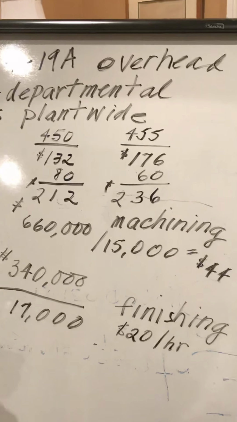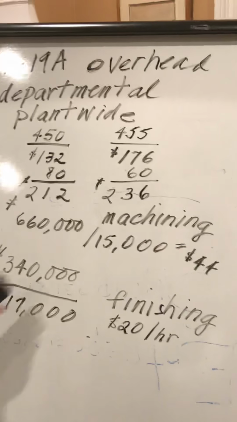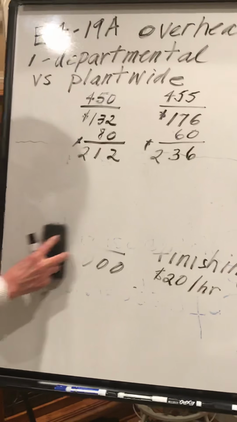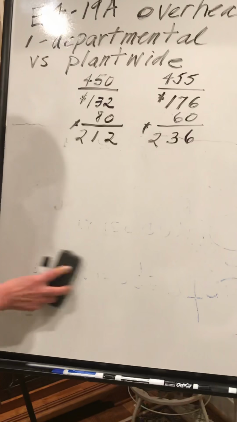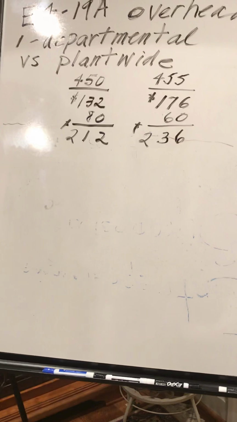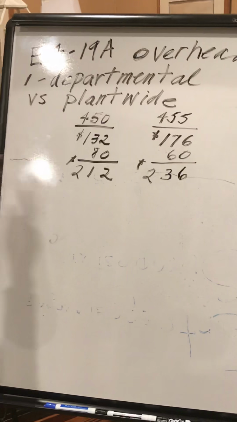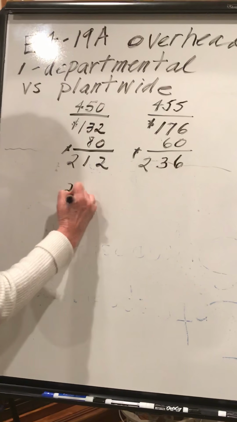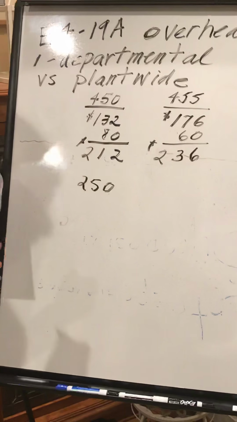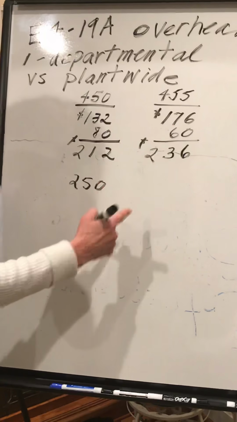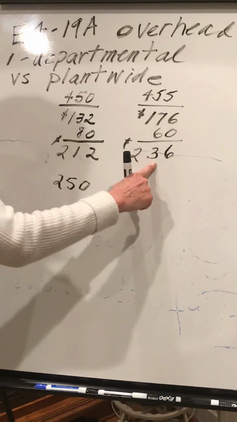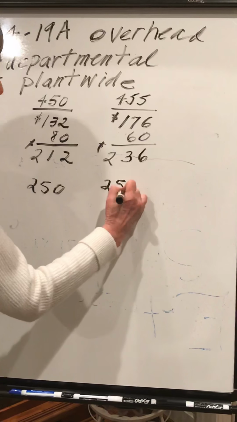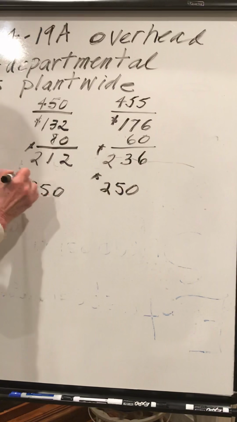Okay, so the point is this. If we use departmental rates to cost these two jobs, we have this job, 450, costing $212. But if we had used a plant-wide rate, we would have costed it at $250. And for job 455, we see now it should cost $236, but again, we costed it at $250.